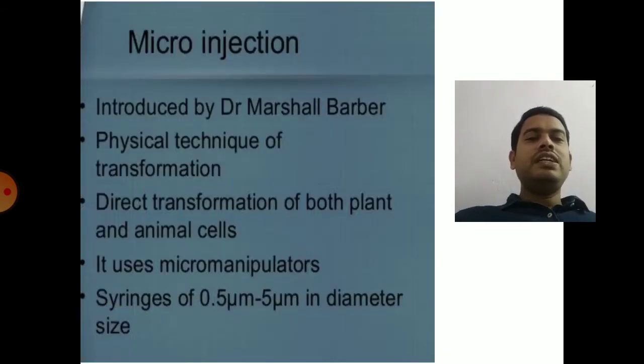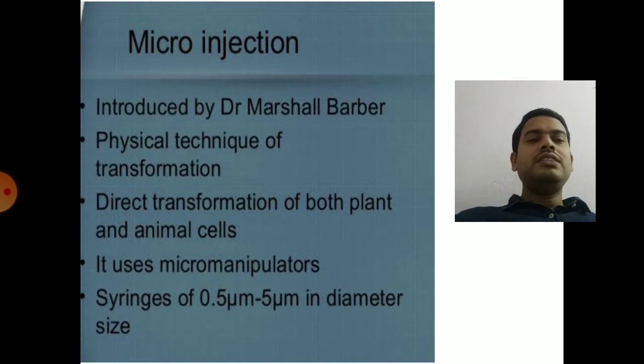So the first one is microinjection, which is introduced by Marshall Barber. It is a physical technique of transforming the host cells. It is a direct transformation of both plant and animal cells. Use of micro manipulators and syringes is seen in this particular microinjection.